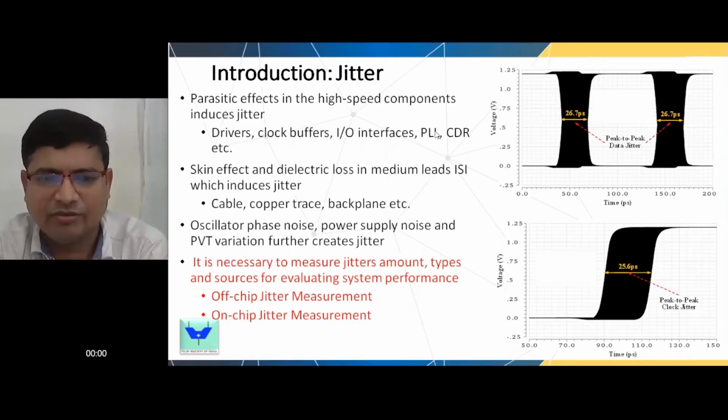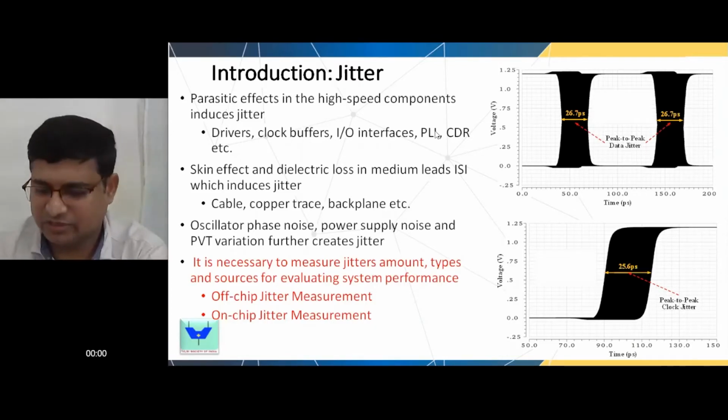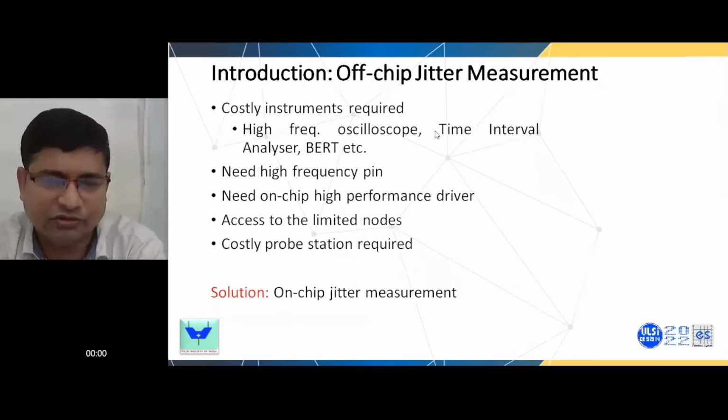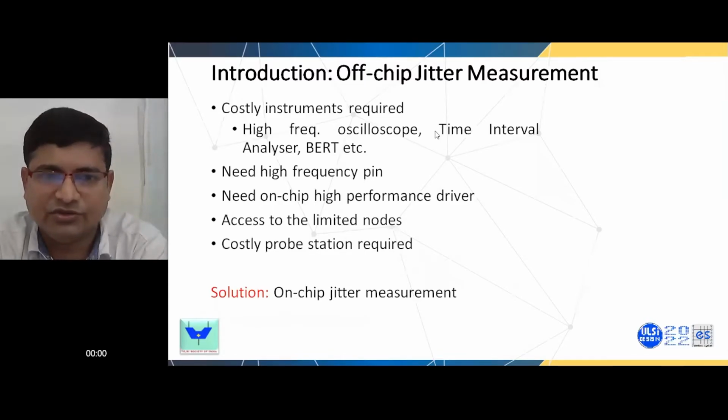There are off-chip and on-chip measurements. Off-chip measurement is straightforward, but costly instruments are used, the chip needs high-frequency pins and on-chip high-performance drivers to drive the equipment, there are a limited number of accessible pins, and measuring directly from the die requires costly probe stations.